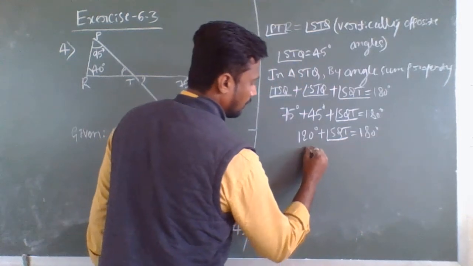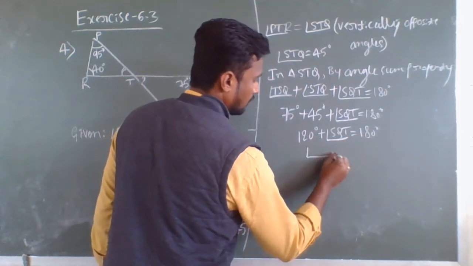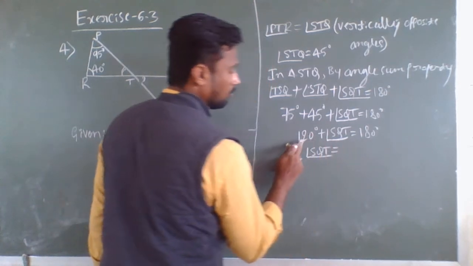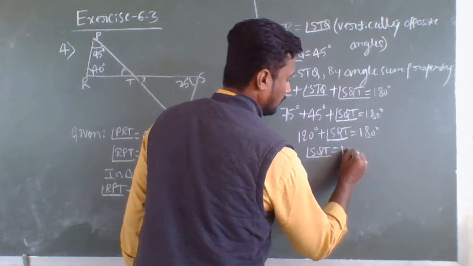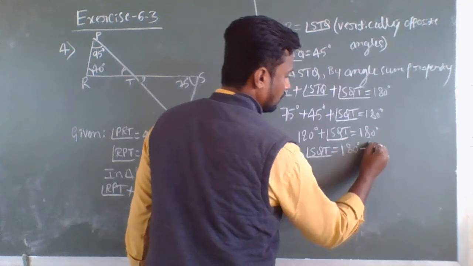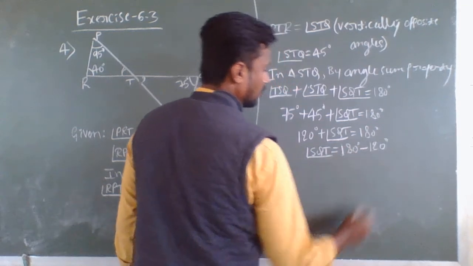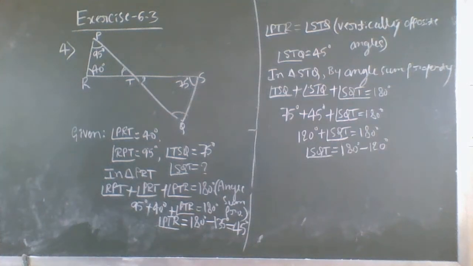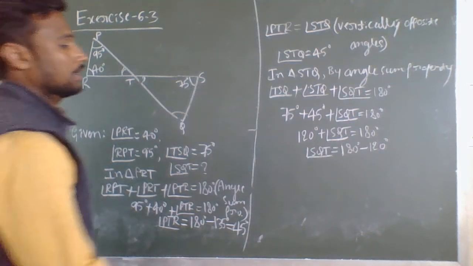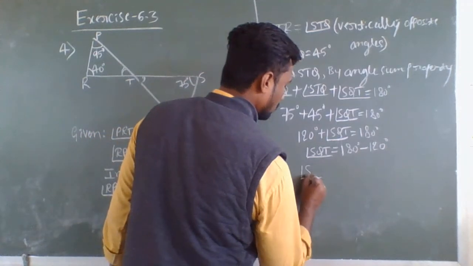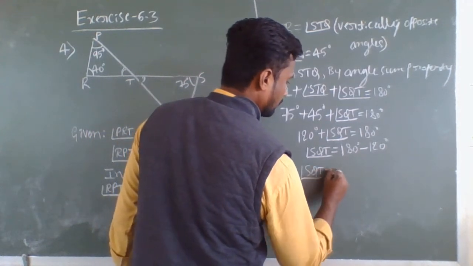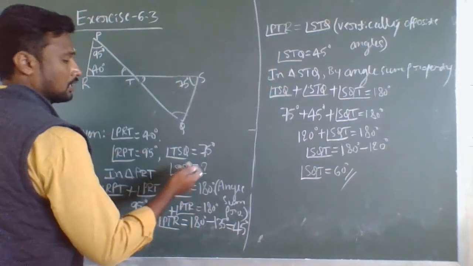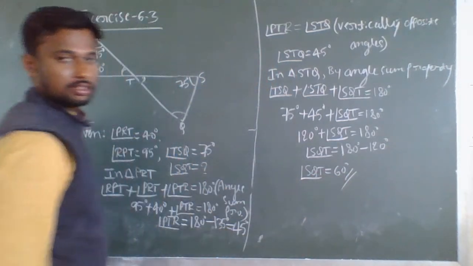To get angle SQT, I move this 120 degree to the other side. Therefore 180 degree minus 120 degree, and the answer is that angle SQT is equal to 60 degree. They are asking angle SQT, that is equal to 60 degree.